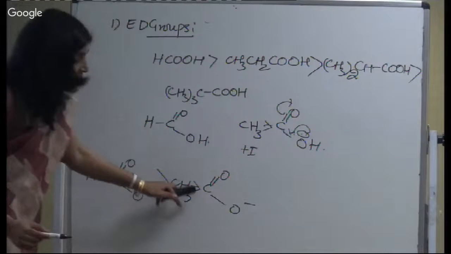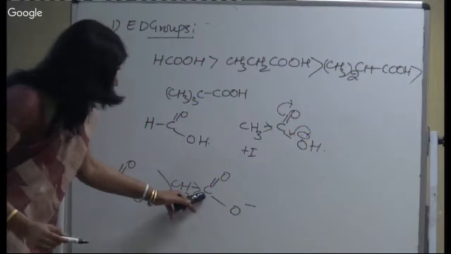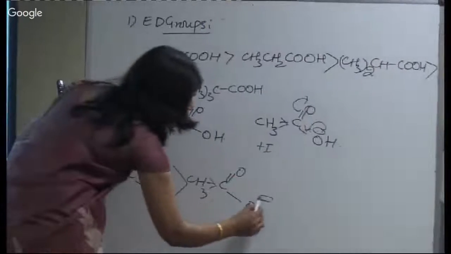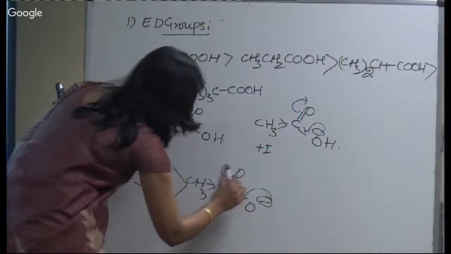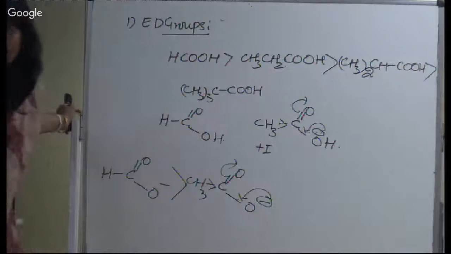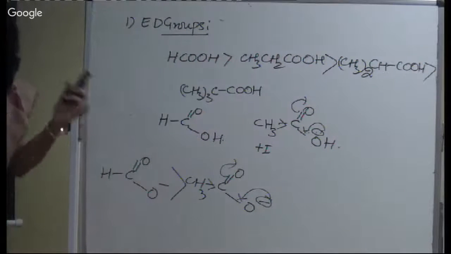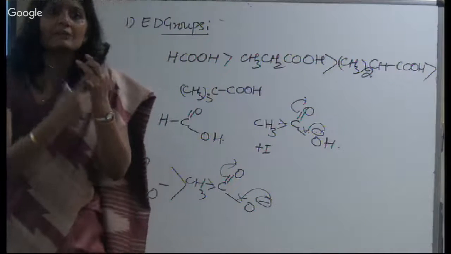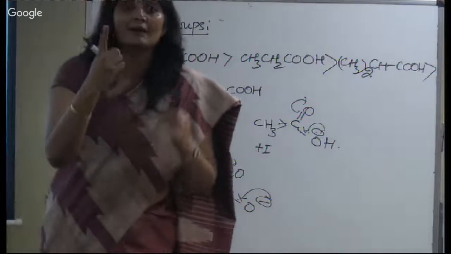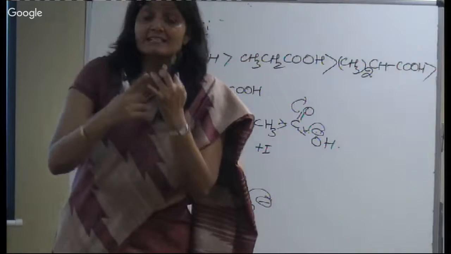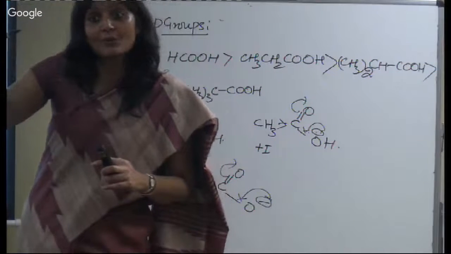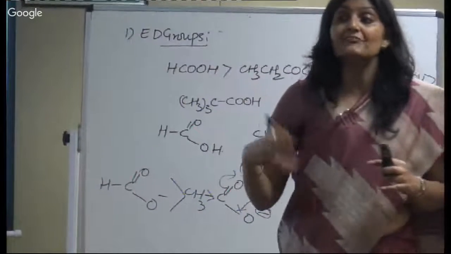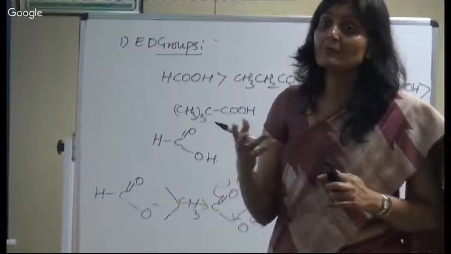Again you have the plus I effect, the electropositivity of this carbonyl carbon is less, because of which again you have decreased delocalization of this negative charge. So the effect of the electron donating group or electron withdrawing group is twofold. Number one, it affects the tendency of the lone pair of electrons on the OH group to enter into resonance, and number two, it is affecting the stability of the carboxylate ion.